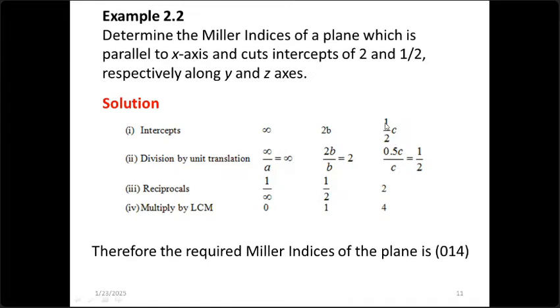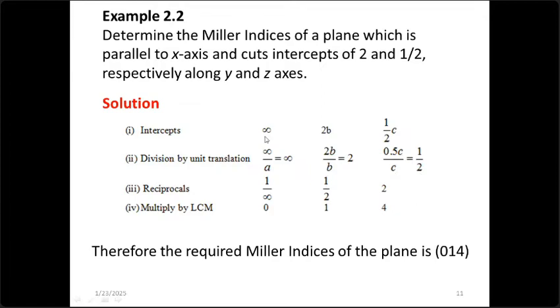The intercept at the y-axis is 2b. What is b? b is the unit vector. The intercept at the z-axis is a half c. And why we are putting c? Because we know c is the unit vector. Therefore, we go to step number 2, which was not listed among the steps, where we divide by the unit vector.